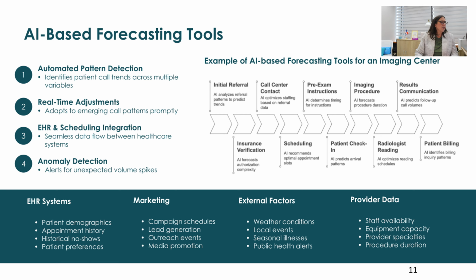It also looks at integrating those external factors such as weather predictors, public health alerts, seasonal illnesses, as well as provider data with the staff analysis. So, again, looking at more technology based tools to enhance the center's forecasting is also a great component at this time to facilitate as well part of the financial burden that could come along.